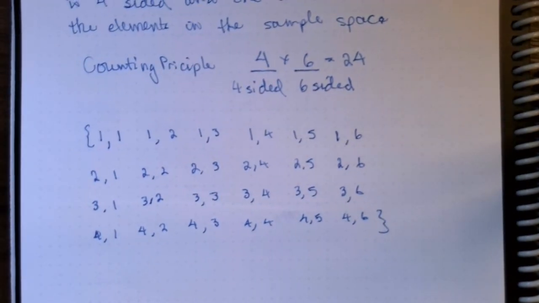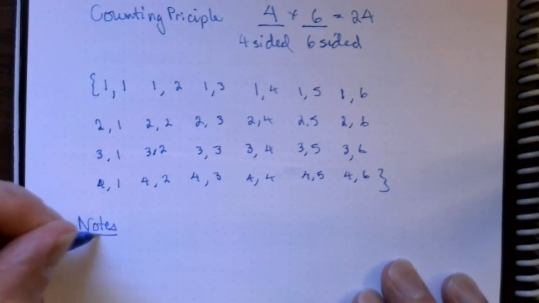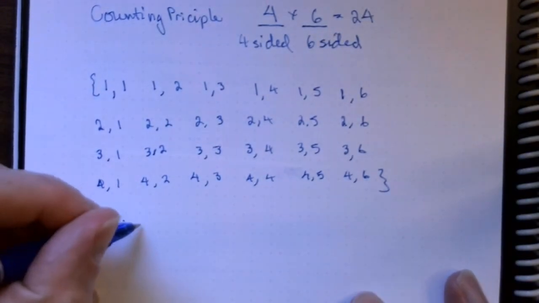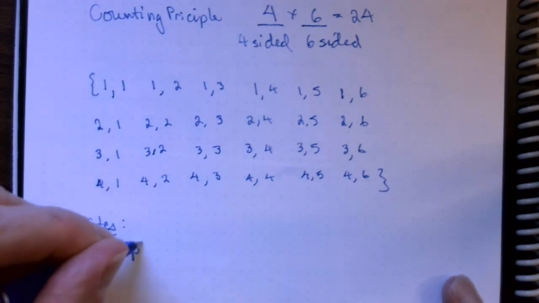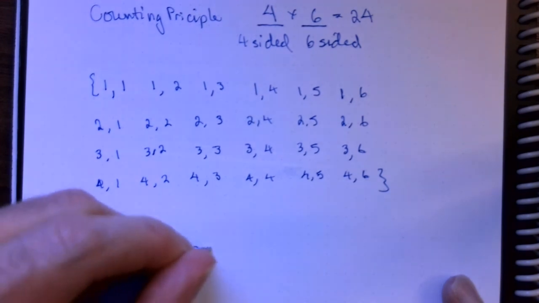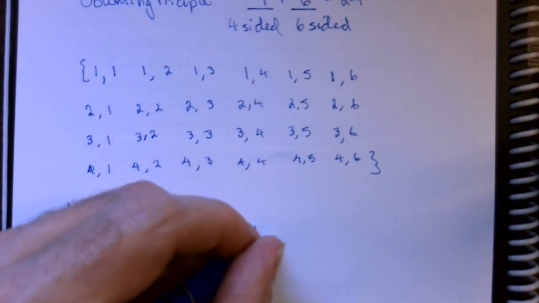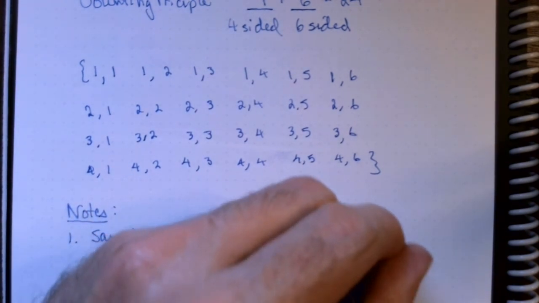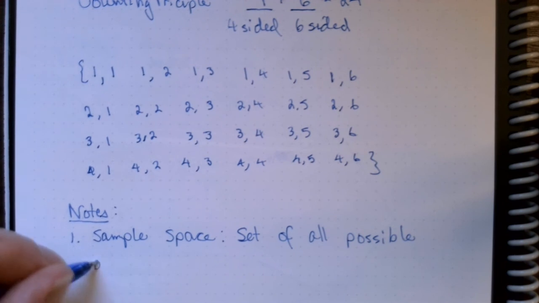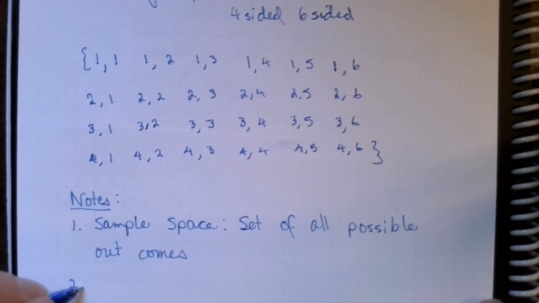So, some notes here. In the context of probability, when you hear sample space, we are talking about the set of all possible outcomes from an experiment.